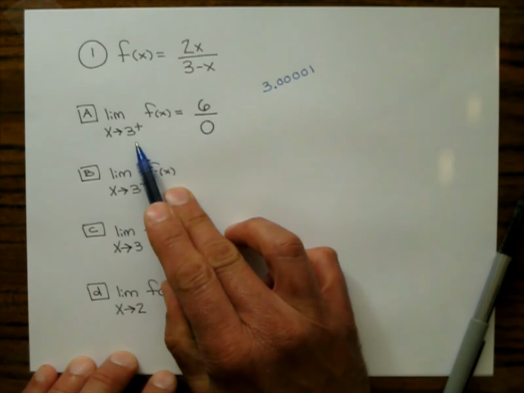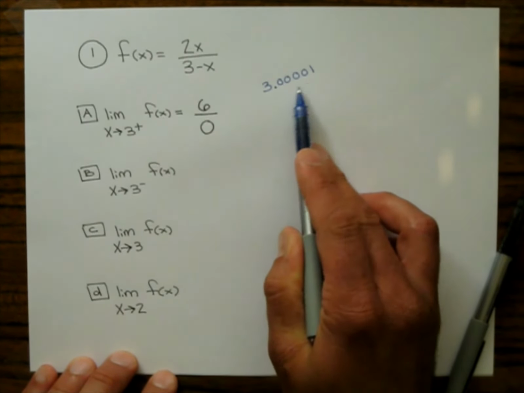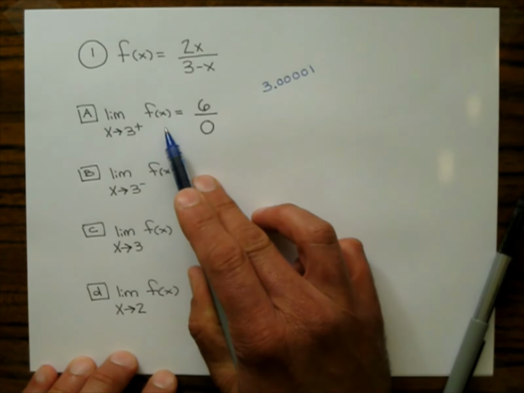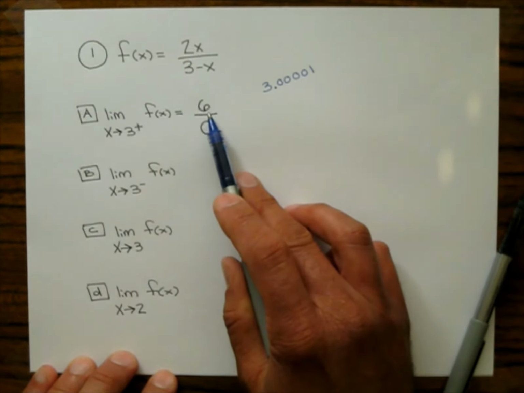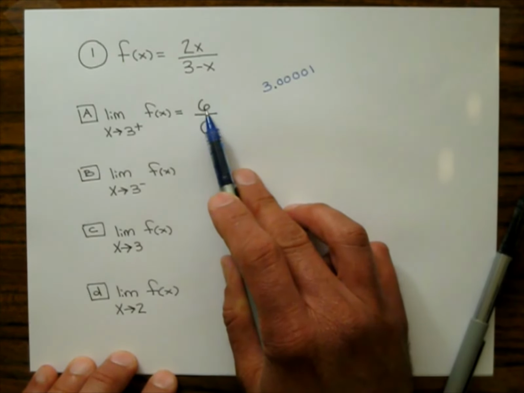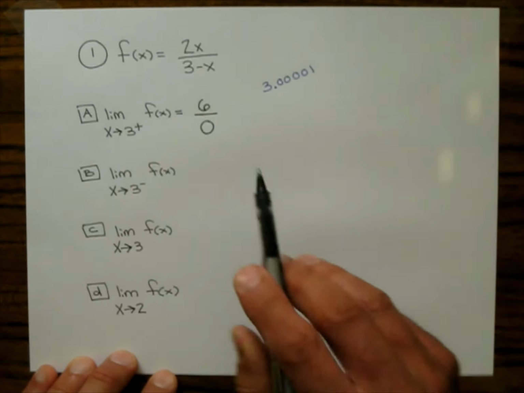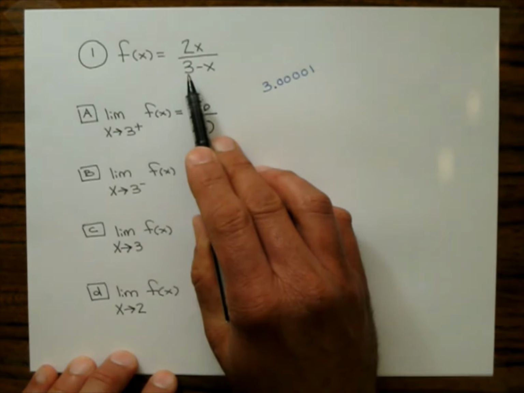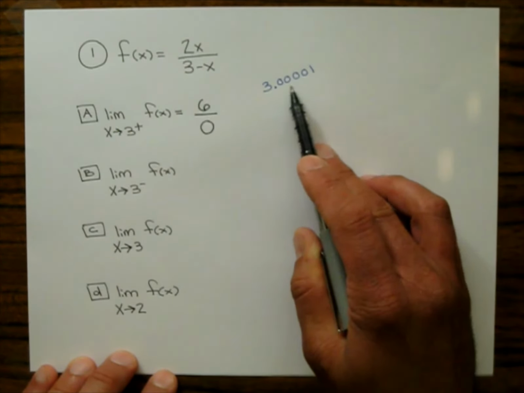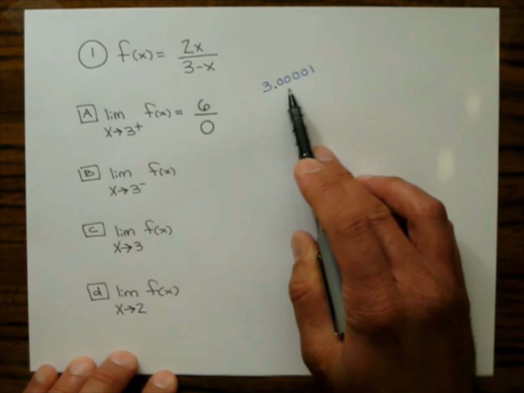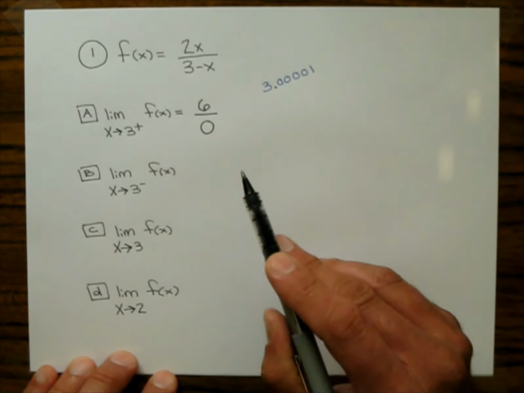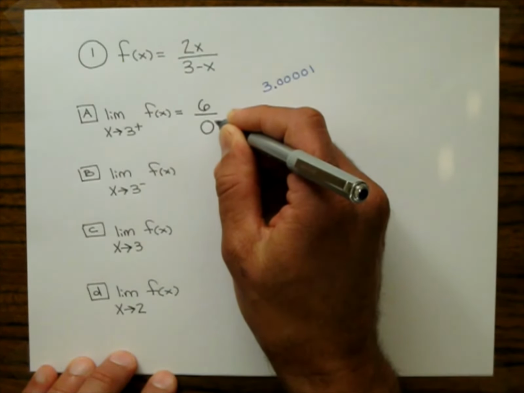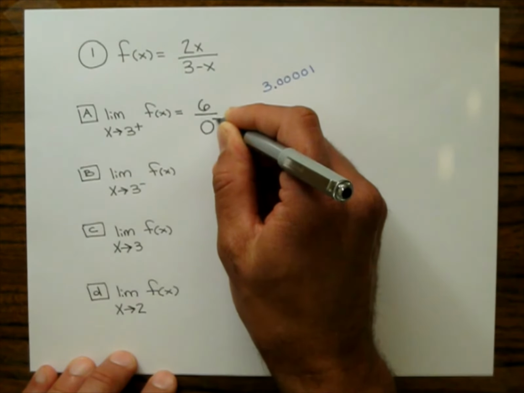Okay, so that's pretty close to 3, and it's to the right of 3 on the number line. So if you were to put that into this function, you would have almost 6 at the top. So I'll just keep the 6 up there. But on the bottom you would have, and you can do this in your calculator, 3 minus this number, which would be a really small negative number. I'm going to use this notation.